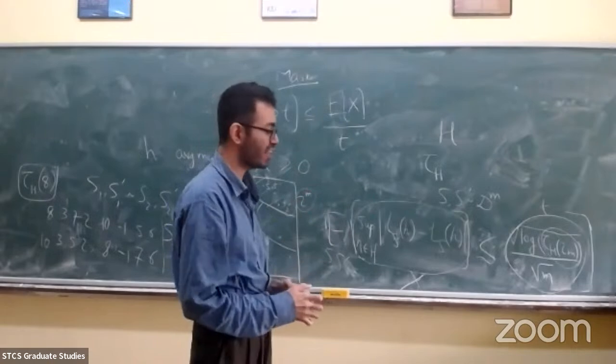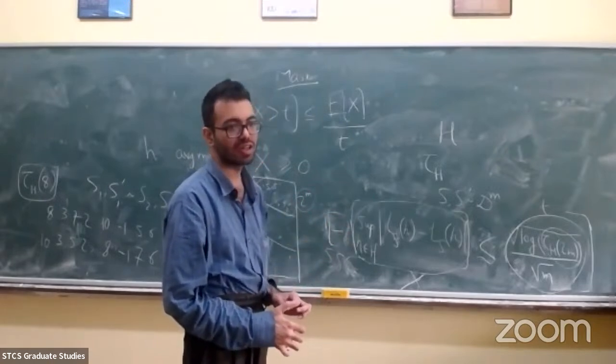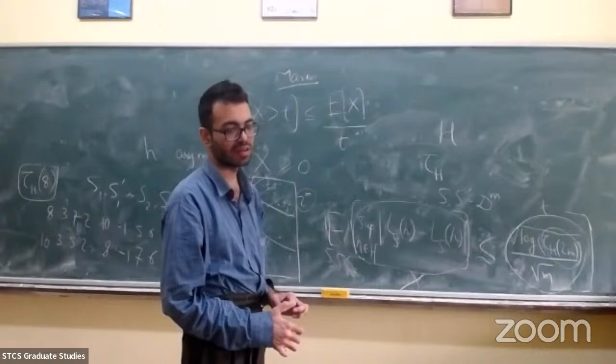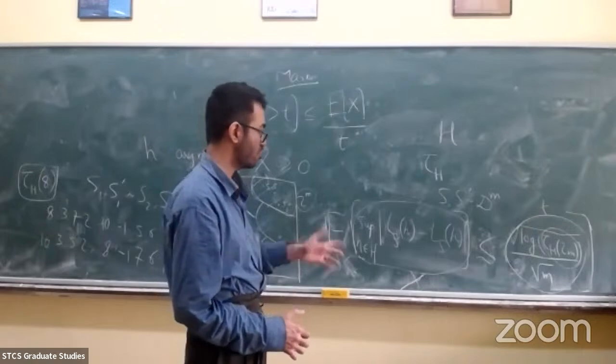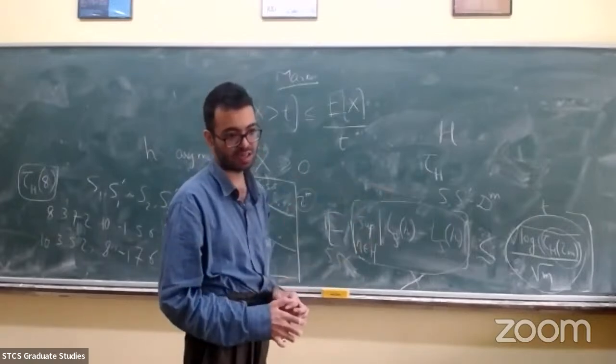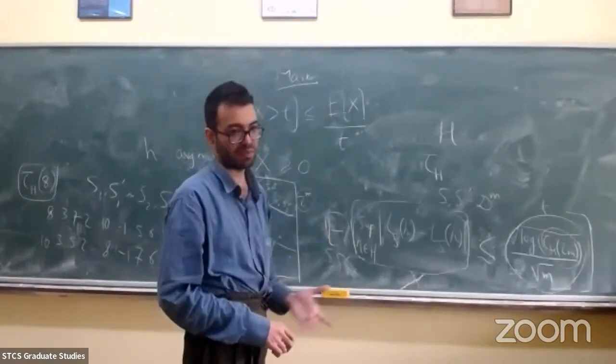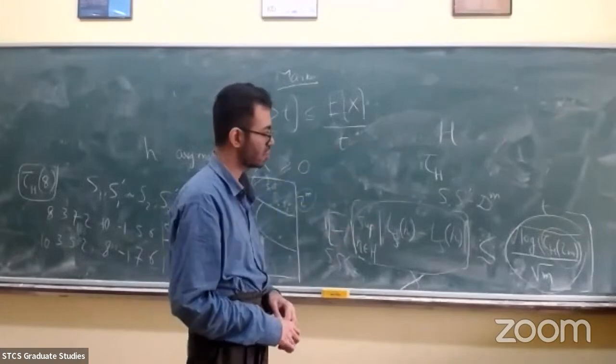So where in this whole argument did we use the union bound? Somewhere we use the union bound: if you have a bunch of events and take the union, the probability of the union is at most the sum of the different probabilities. So where have we used that?